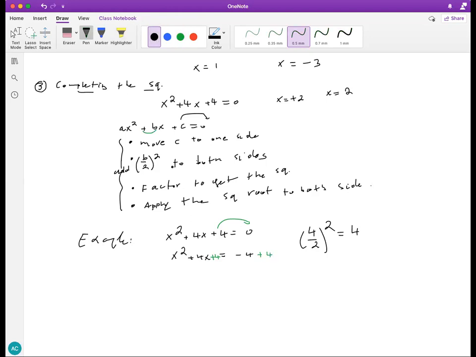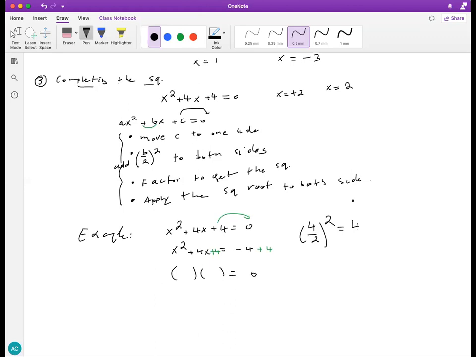All right, so we did this one. Now we're going to factor to get the square. We're going to factor this trinomial and turn it into a square.